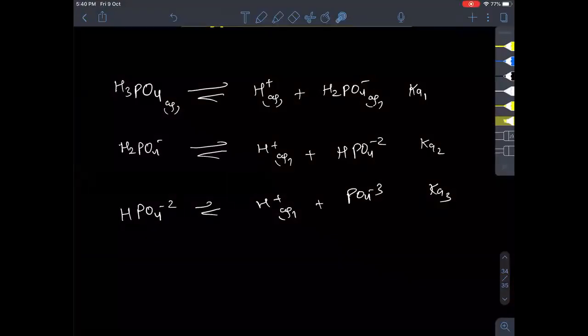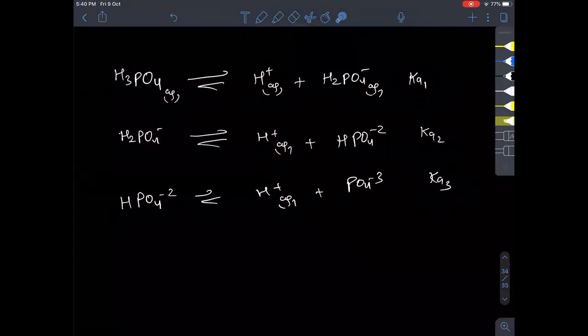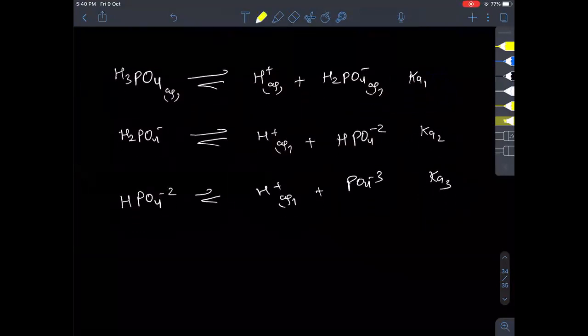So I took the first dissociation constant as Ka1, the second as Ka2, and the third as Ka3. Now, for taking a realistic value, I would like to take these values as 10 to the power -4, although the actual value of this first dissociation constant is higher, of the order of 10 to the power -3.